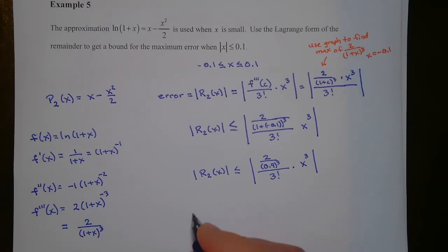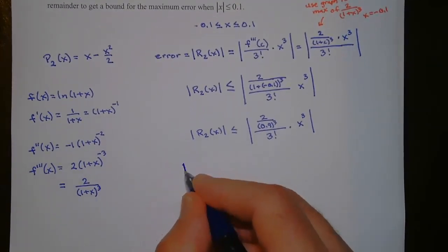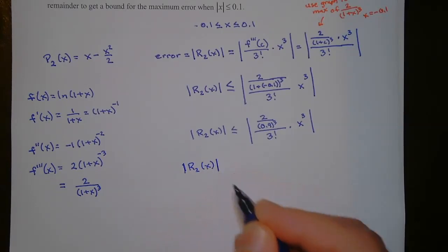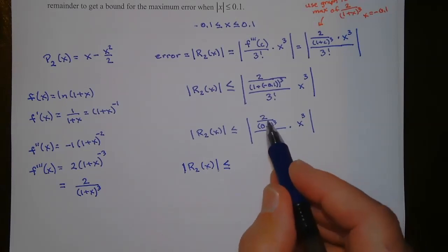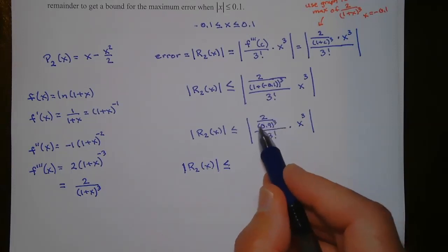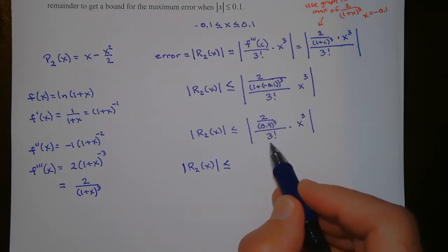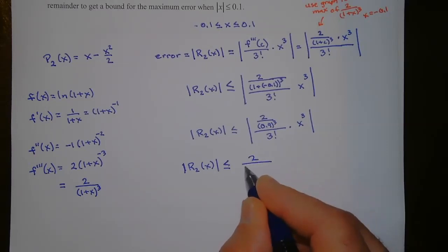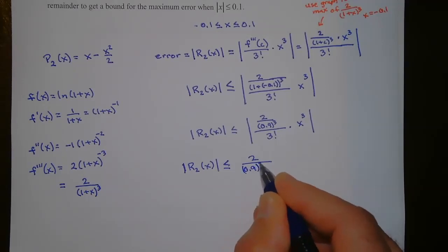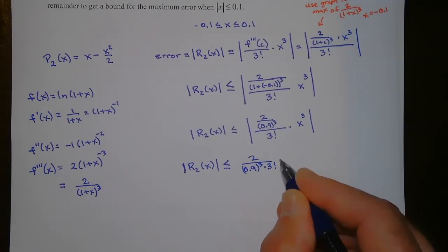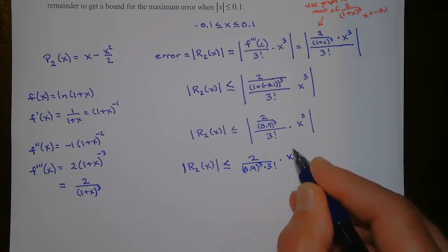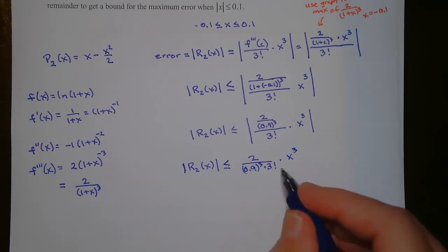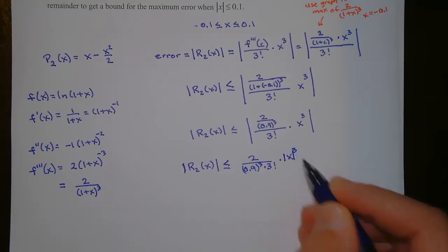Now I'm going to break the absolute values up. So the absolute value of r sub 2 of x is less than or equal to 2 over 0.9 cubed times 3 factorial times the absolute value of x cubed.